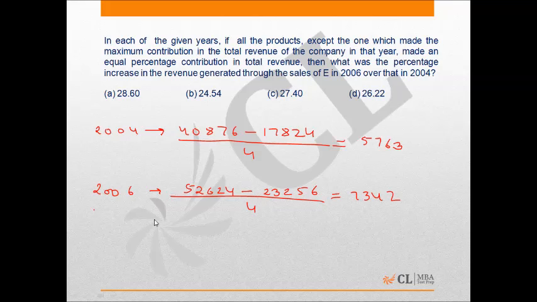Now I have to find out the increase in E from 2004 to 2006. So my answer would be (7342 minus 5763) divided by 5763 into 100. On calculation, it will give me approximately 27.4%. Hence, the option is option C.